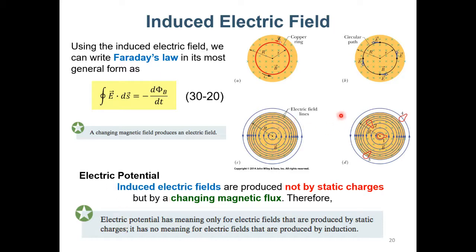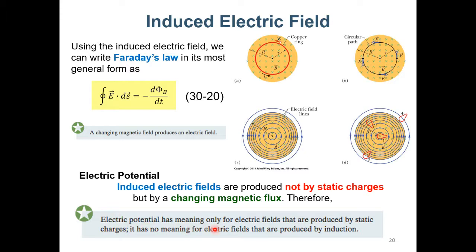The induced electric field only exists due to the changing magnetic field, so that the magnetic flux across any loop is changing, and the derivative of the magnetic flux is not zero, then you can get a non-zero line integral for the left-hand side, and thus there will be some induced E field.